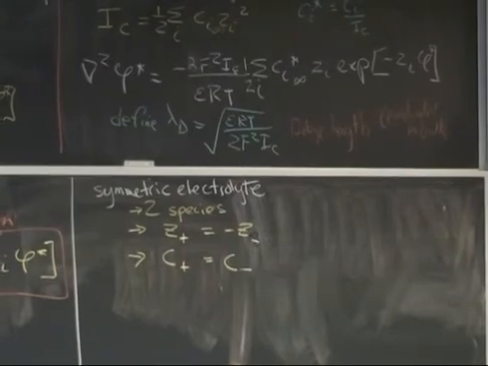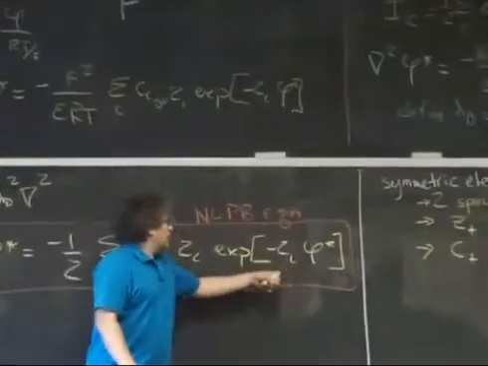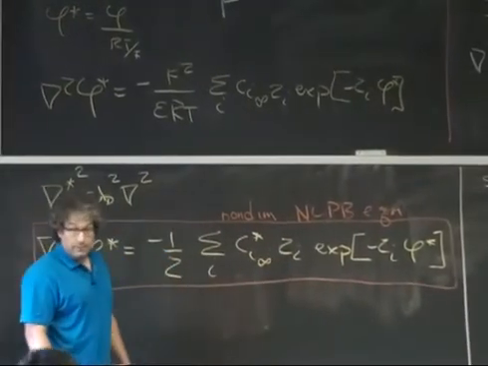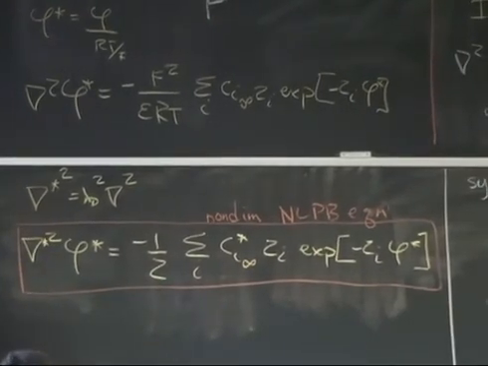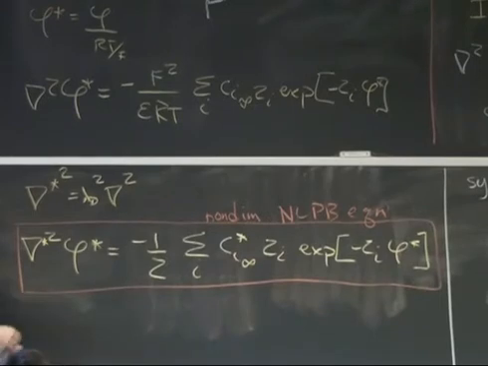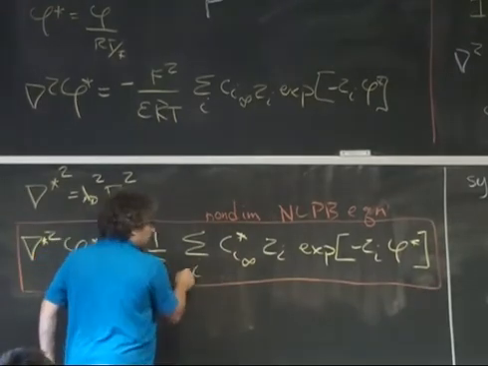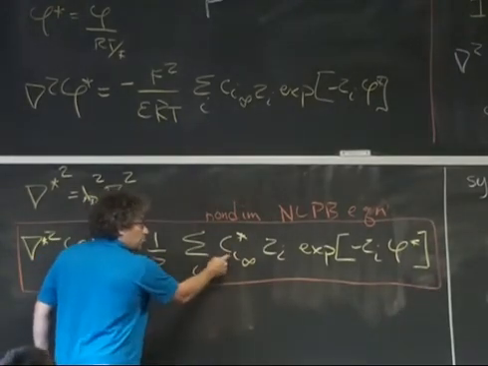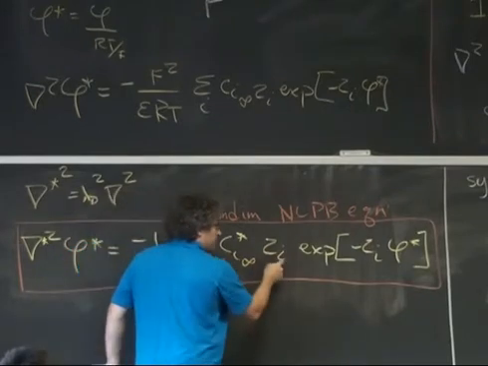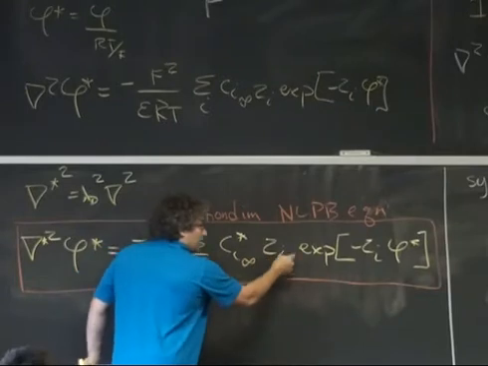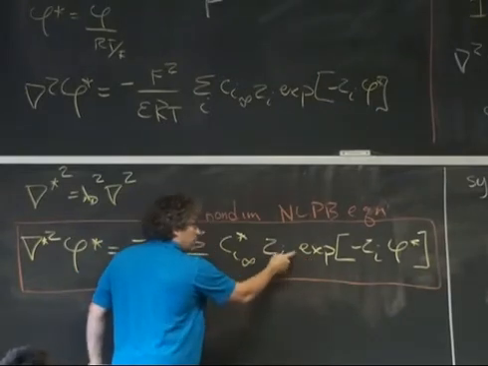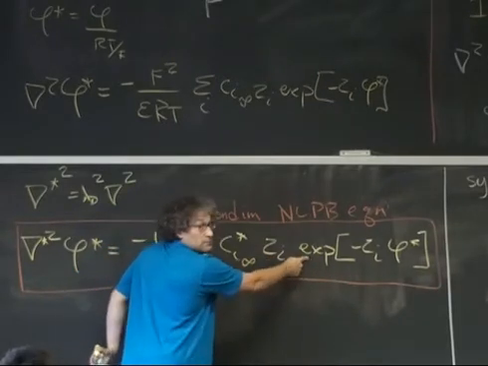What is really nice about that case is I could take all these z sub i's and just call them z, and have that be the absolute value of the valence. And when I do this sum, now I'm going to have two different concentrations which are the same. And what I'm going to get is a negative exponential plus a positive exponential.